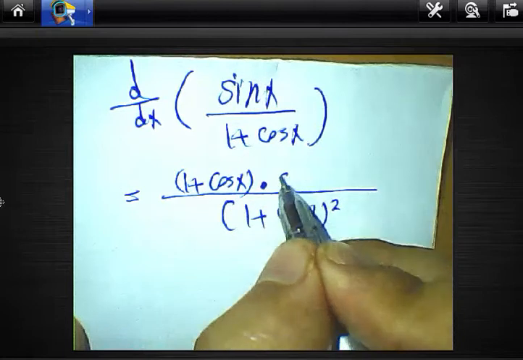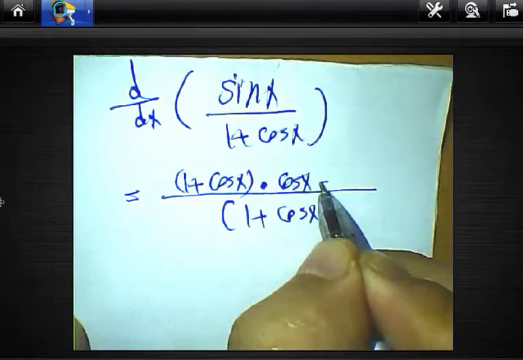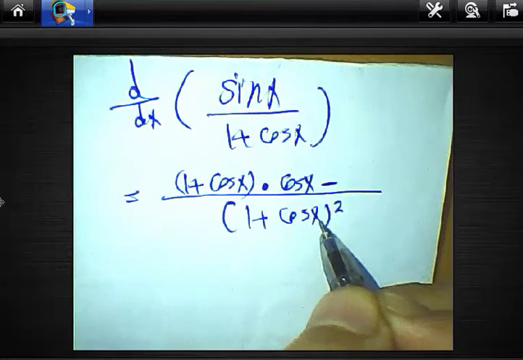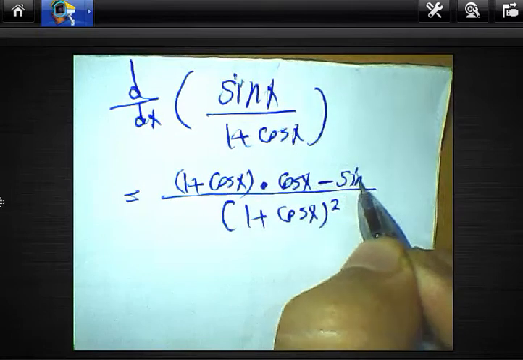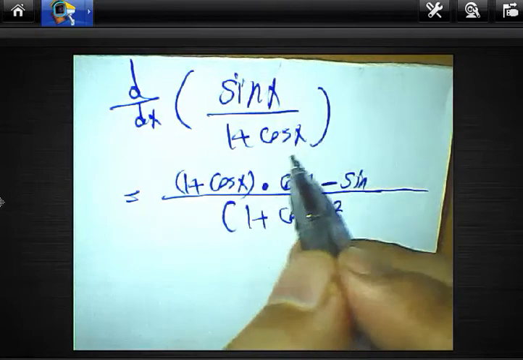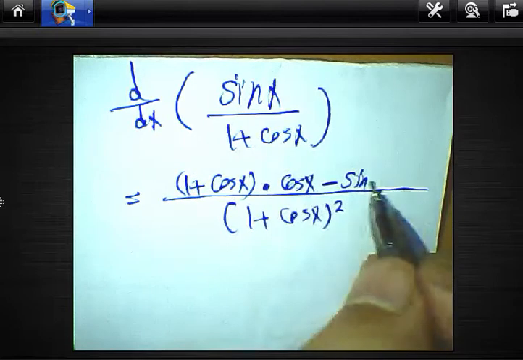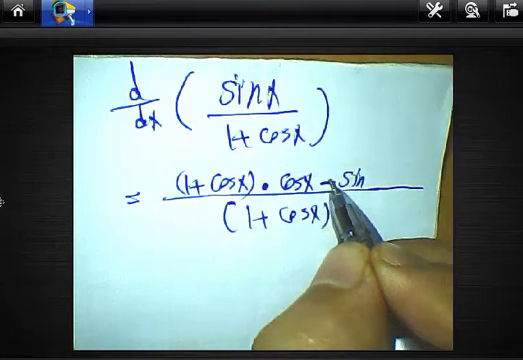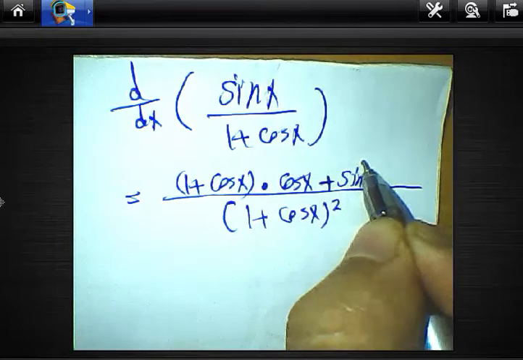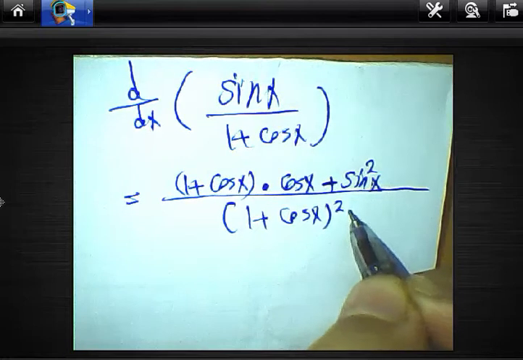The derivative about sine will be cosine x, subtract sine x in numerator. The derivative by denominator will be negative sine. It will be negative multiply negative equal positive. Okay, the result will be sine power 2 x.